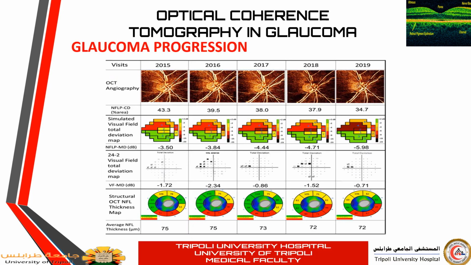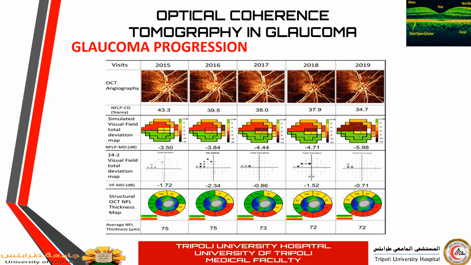In this slide, there is a study following a patient for many years with the simulated visual field, the standard visual field, the OCT, and the OCT angio, and you can clearly see the progression of the disease. The simulated visual field very clearly shows the progression of the disease.